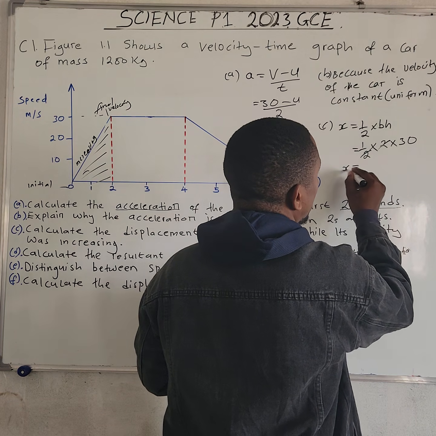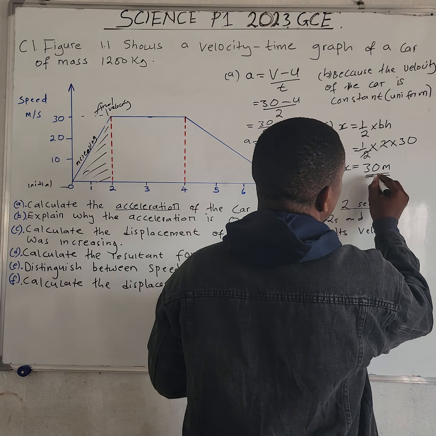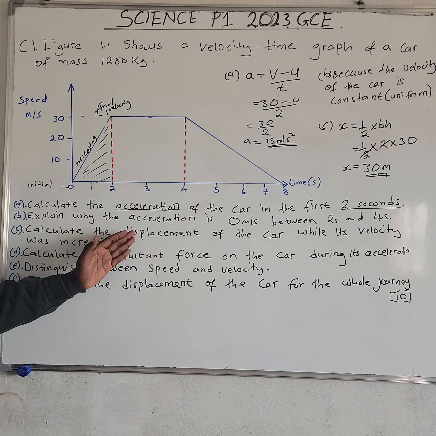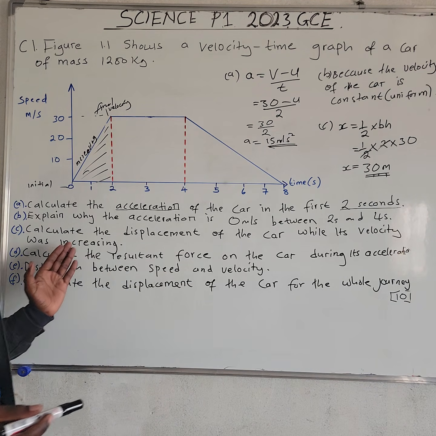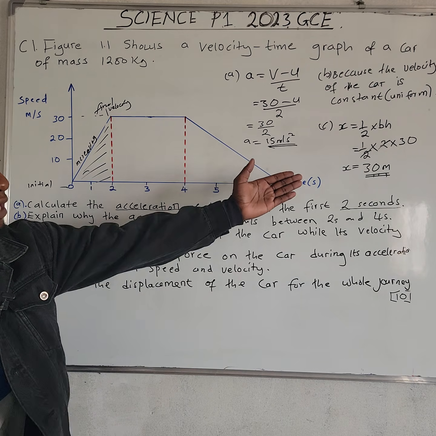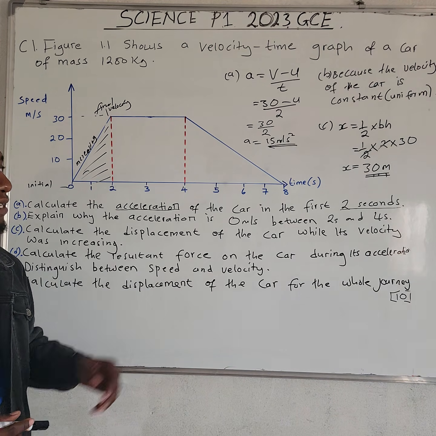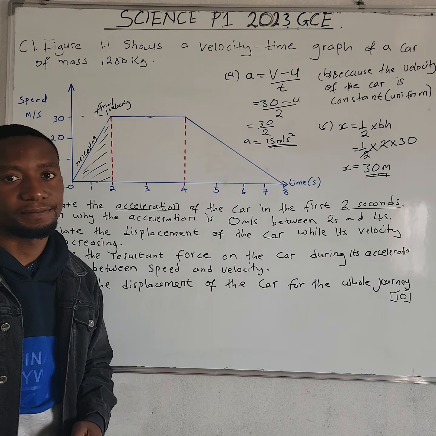So our x is equal to 30 meters. That is our answer. So we have found the displacement of the car while its velocity was increasing. It is 30 meters. That is the distance. The displacement is the same as the distance.